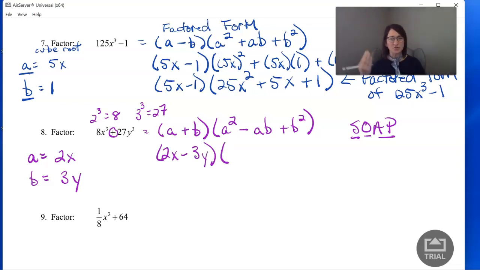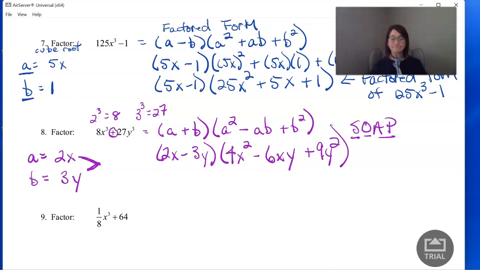This time I'm just going to square everything in my head. So 2x squared is 4x squared. Or I should say 2x raised to the second power is 4x squared. Minus, I'm going to multiply our a's and our b's together. So that's going to give me 6xy plus that 3y raised to the second power gives me 9y squared. Done, done, done, done. Okay.